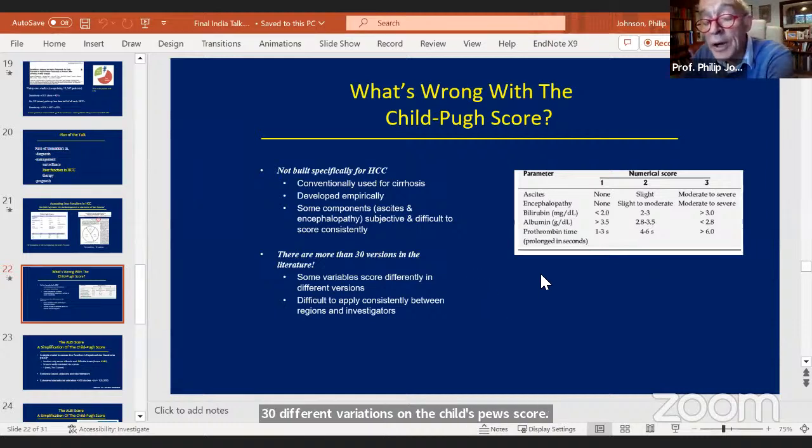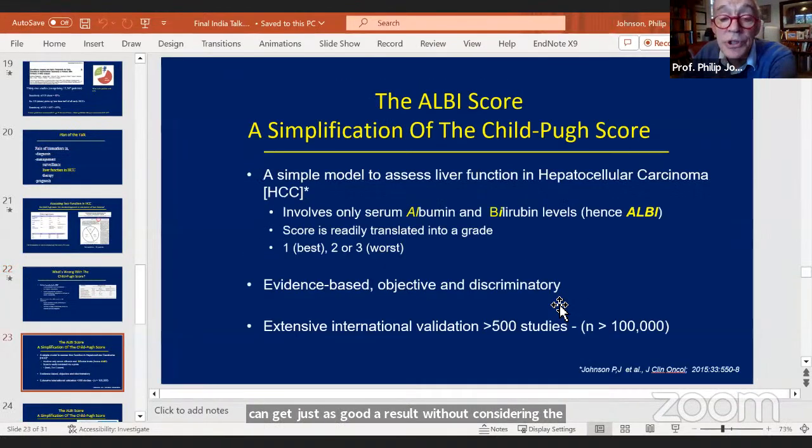So what we've done is just taken all these variables, undertaken a conventional multivariable analysis. And what we can show is that if you just use bilirubin and albumin as your biomarkers, then there's no need, you can get just as good a result without considering the clinical features.